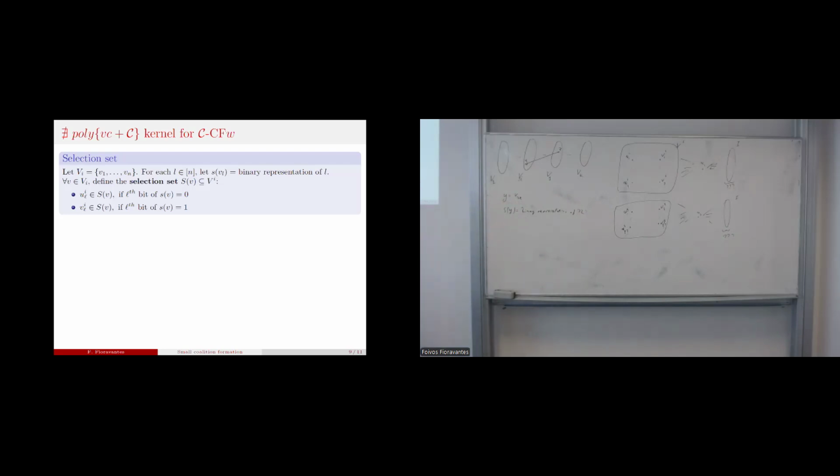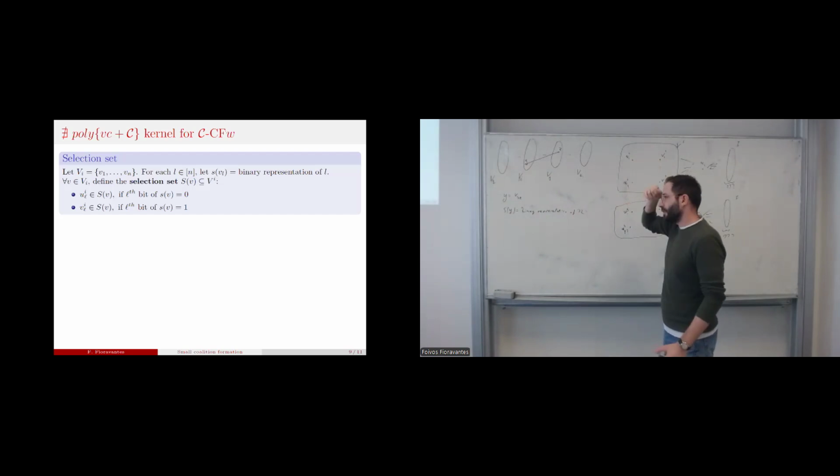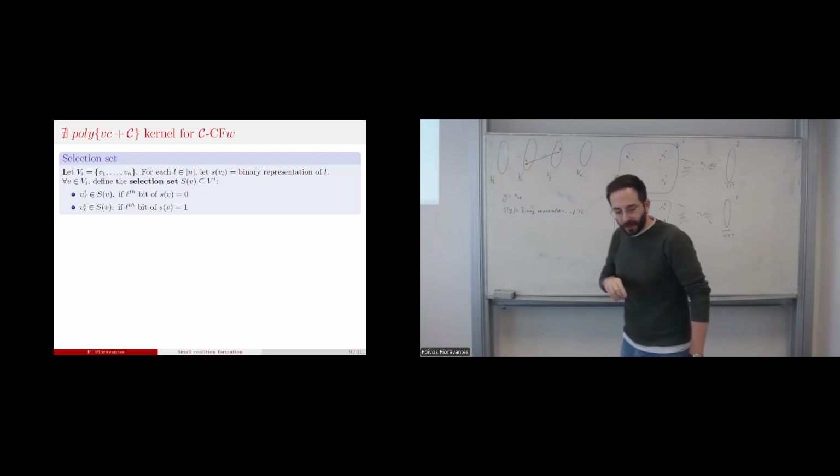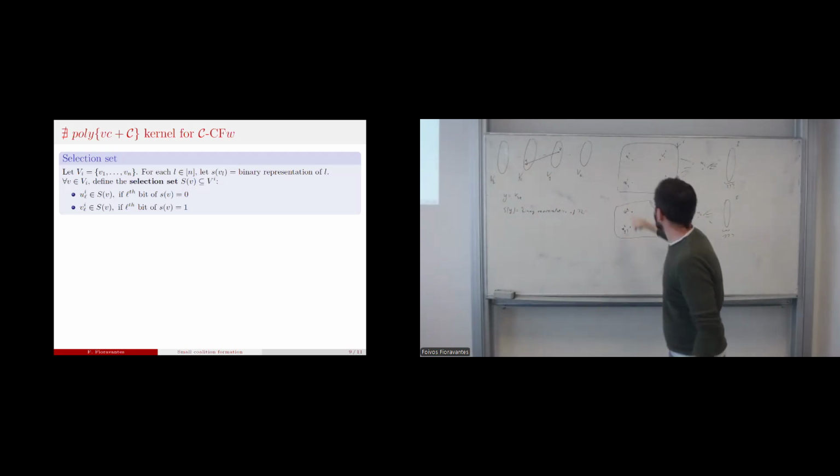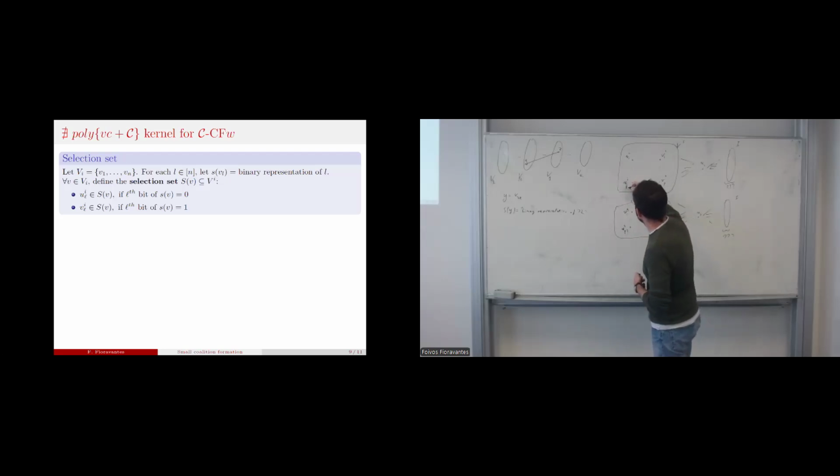So exactly what I wrote there. And then we have a function that for each vertex here selects vertices here. If the first bit is 0, then it selects this one. If it's 1, it selects this one. Okay? So do I know now the sizes of these? Yes, I do. Binary representation of n.